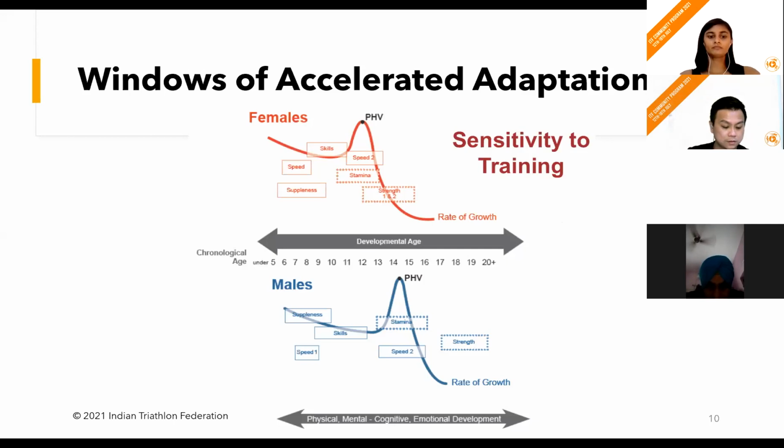What we're trying to show is, when you start building training patterns for young kids, keep these things in mind. Don't try and push them into something they're not ready for. For example, 10 to 12-year-olds, be very careful what strength training you apply to them. You don't want full-blown strength training for them yet because they're not going to be ready till puberty hits. Pooja, any point you want to make?